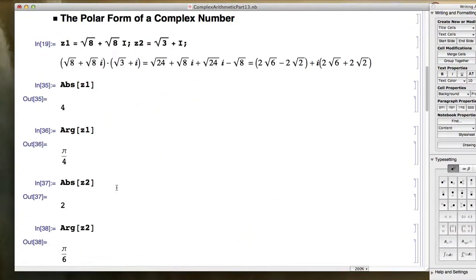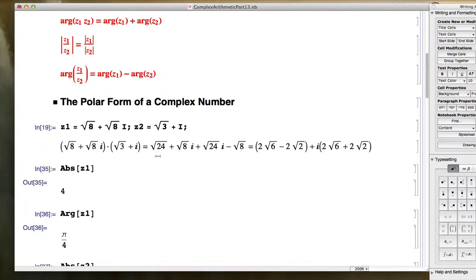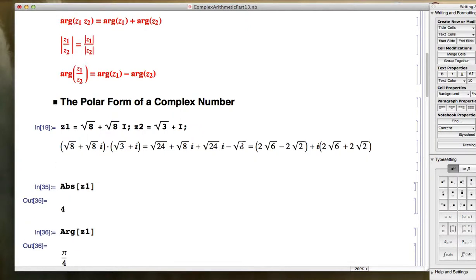It's also helpful, based on this, to rewrite the product symbolically in another form.